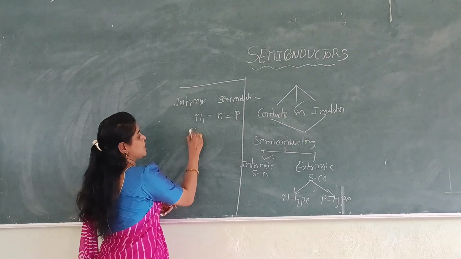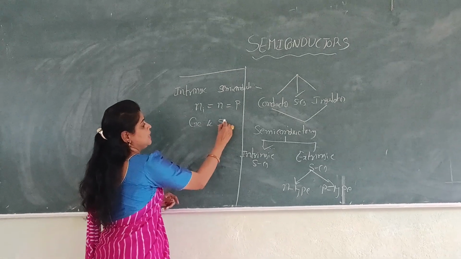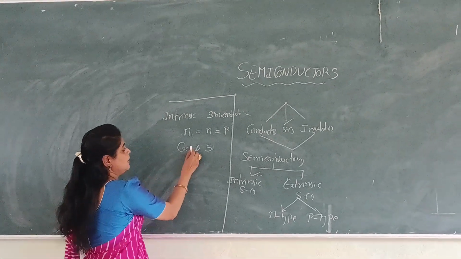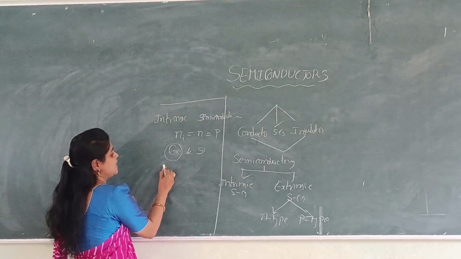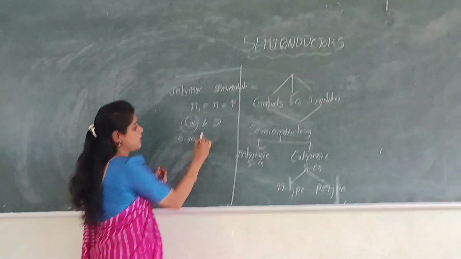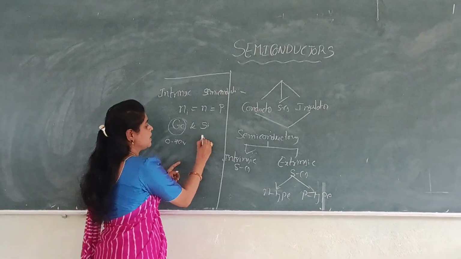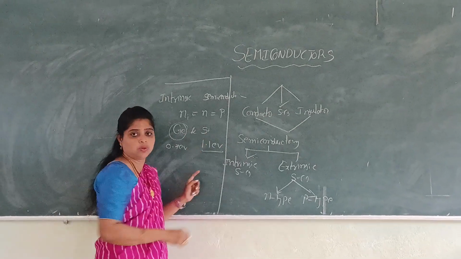The best examples are germanium and silicon. As per theory, the germanium energy gap is 0.7 electron volt and for silicon 1.1 electron volt.